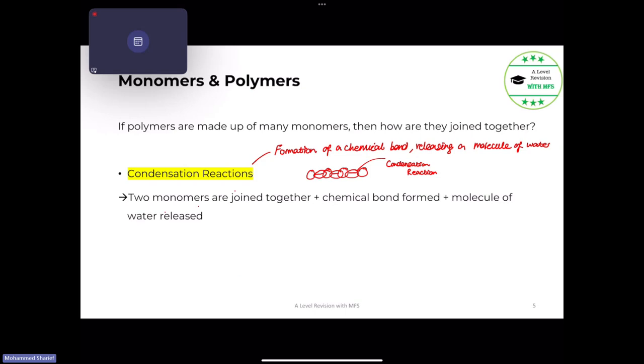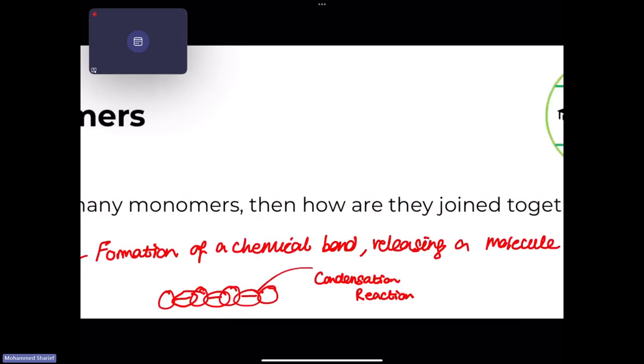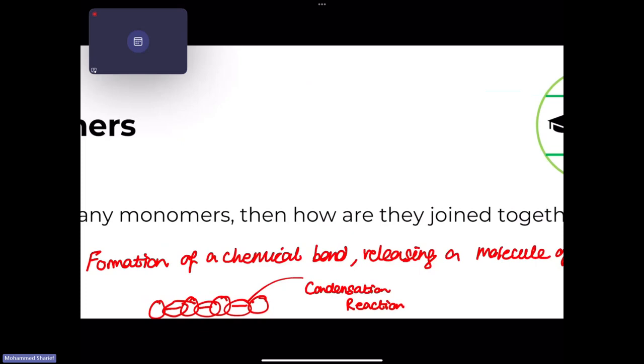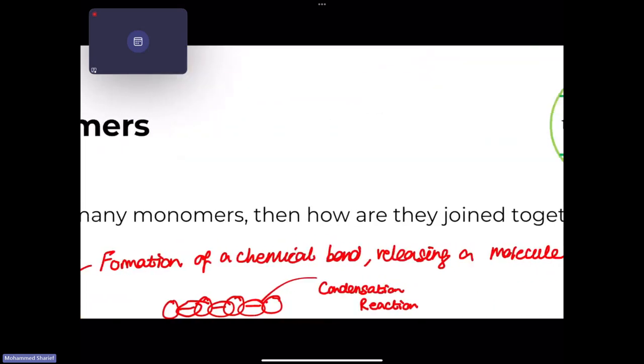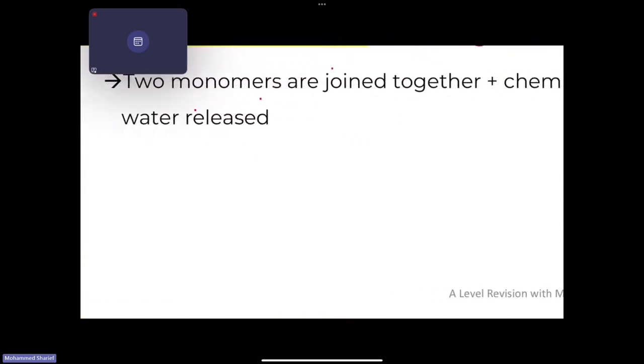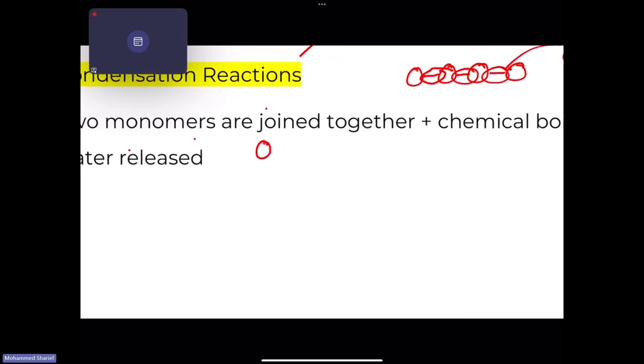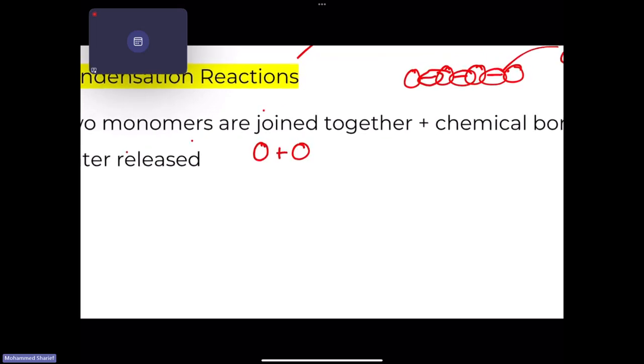Now, if we can go from monomers to polymers, we can also go from polymers back to monomers, and that requires a different reaction. If I model it over here, I'll write it down here: if we add two monomers together, that will form the starting of a polymer. And because this bond is forming, a molecule of water is released.